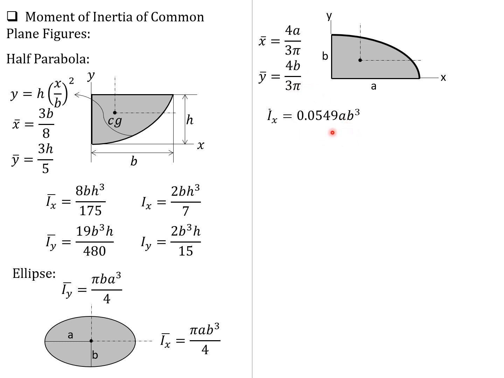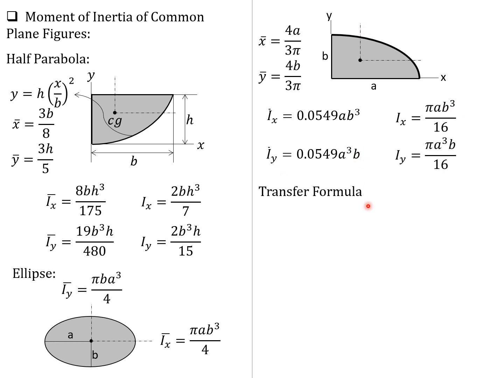So I barred x is 0.0549 a b cubed, just like a circle. We just replace one radius by a, so I barred y is 0.0549 a cubed b. With respect to the x-axis, it is 1/4 of pi over 4, so pi over 16 a b cubed. With respect to the y-axis, pi over 16 a cubed b. That's for the quarter ellipse.